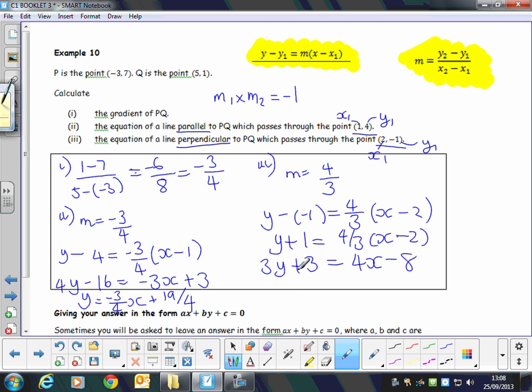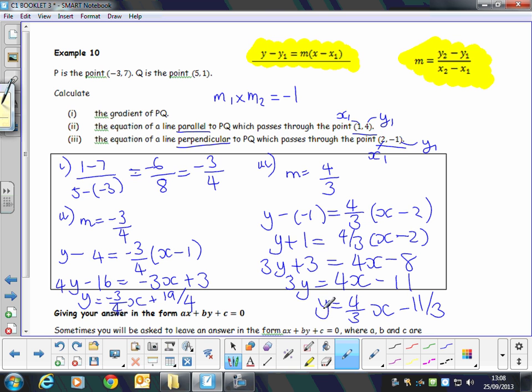And then, to get into the form y equals mx plus c, I'm going to take this plus 3 over. So I've got 3y is equal to 4x, and I've got minus 8 minus 3, so I get minus 11. And then I'm going to divide by 3, so I get 4/3 x minus 11 over 3.